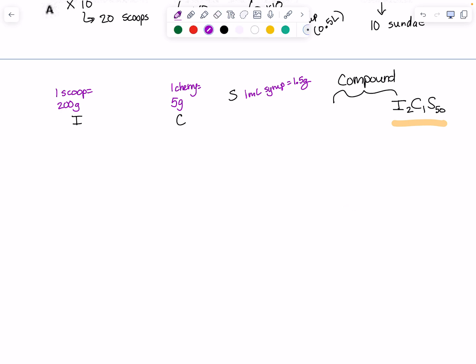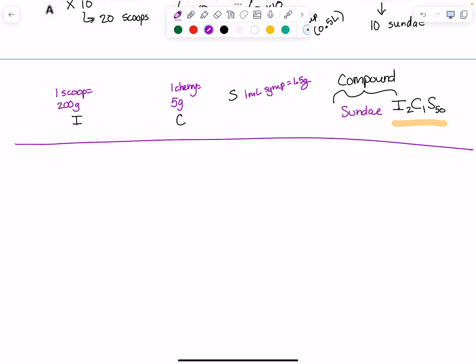This is a sundae. How many scoops do I have? I've got 2, right? So each scoop weighs 200 grams per scoop times 2 scoops.